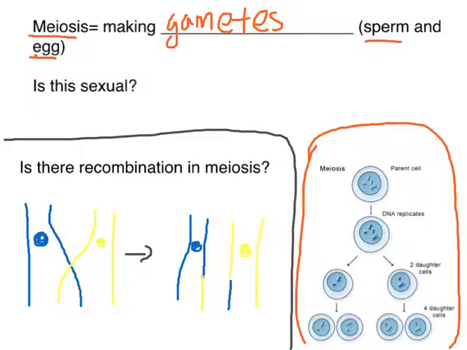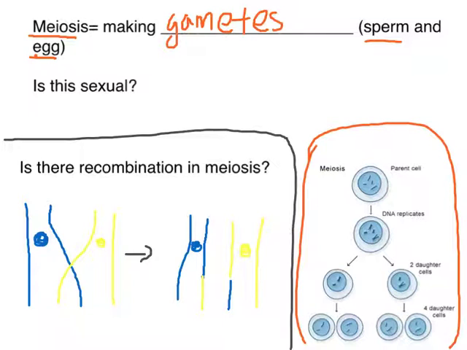Again, I realize that this original cell had half DNA from mom and half DNA from dad back at the fertilization that created it, but this is now 100% your cell. So this is still going on inside of one organism.